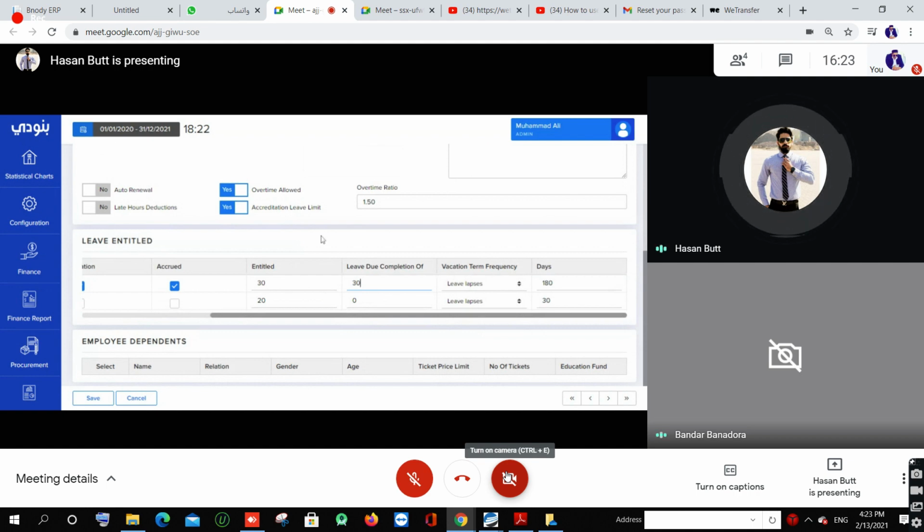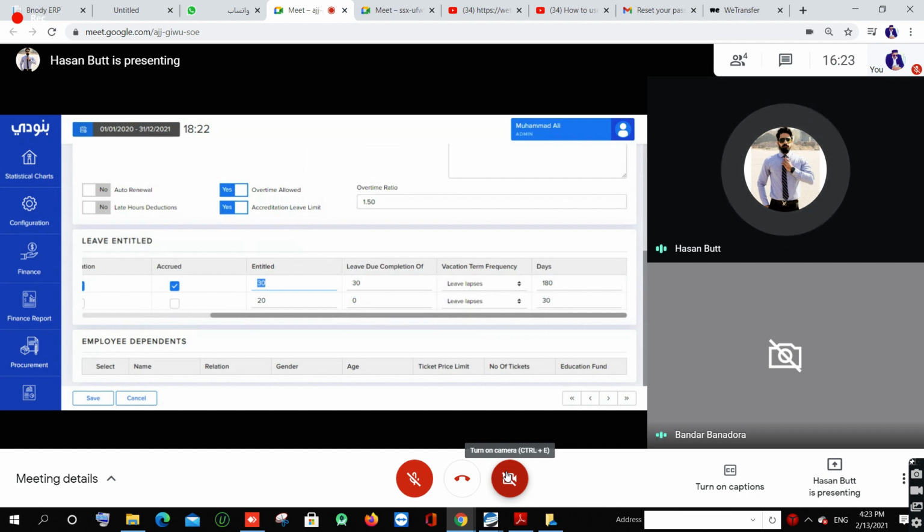Yes, brother. Let's come back to this option again. This is the accreditation leave limit. I will show you the working of the accreditation leave limit with the working of the leave due completion and the entitled. If it is yes, it means that after 30 days of completion of the job, he will be applicable to take leaves, but not the total 30 days of leave.